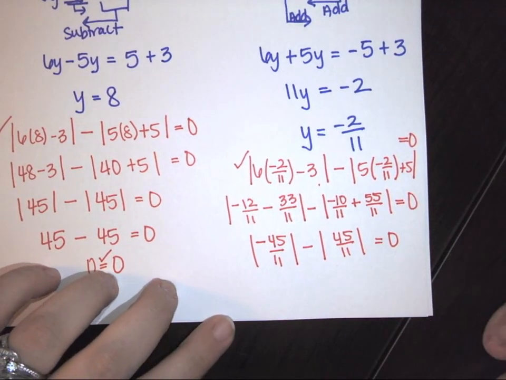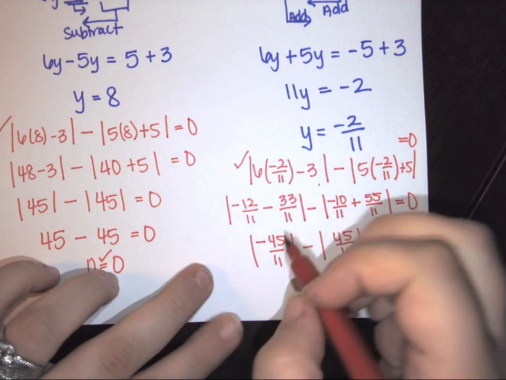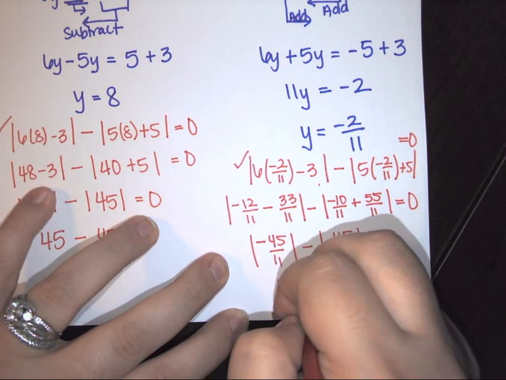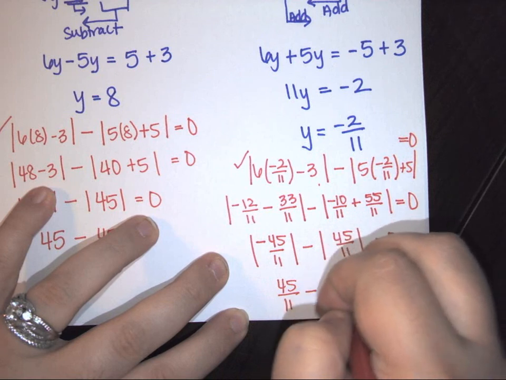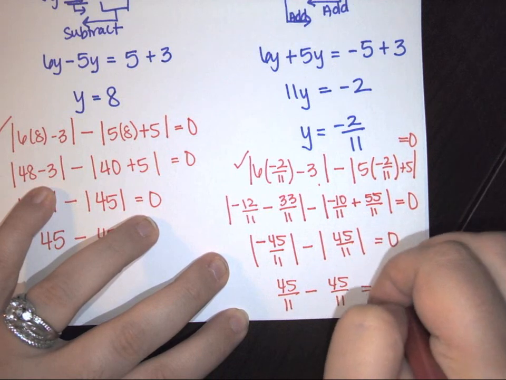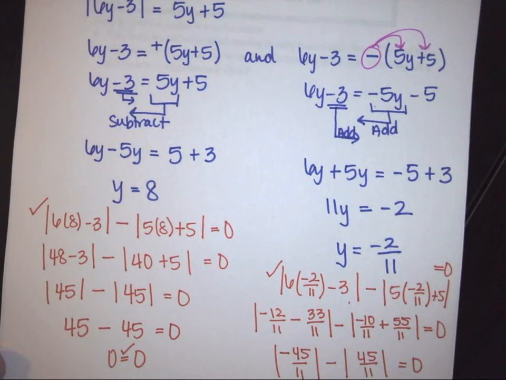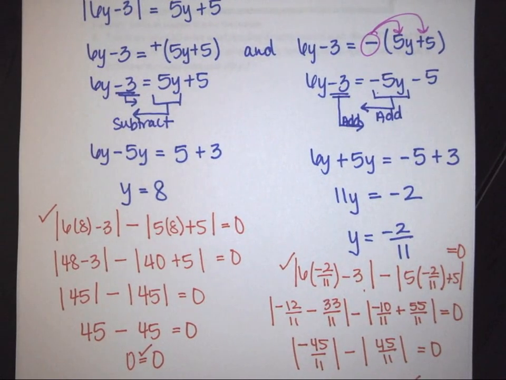Again, apply the absolute value. So this is going to be 45 over 11 minus 45 over 11 equals 0. That is a true statement. Therefore, both solutions work. Okay?